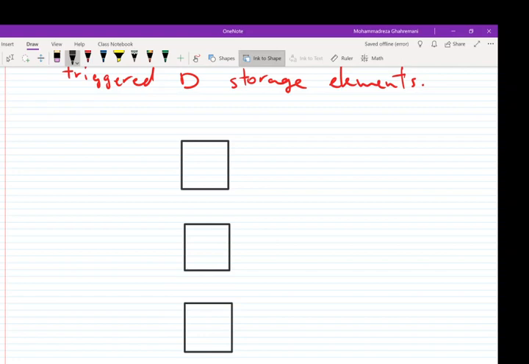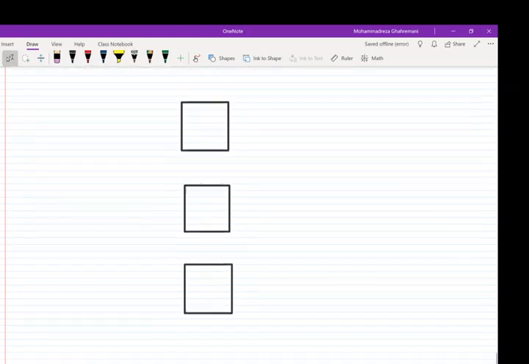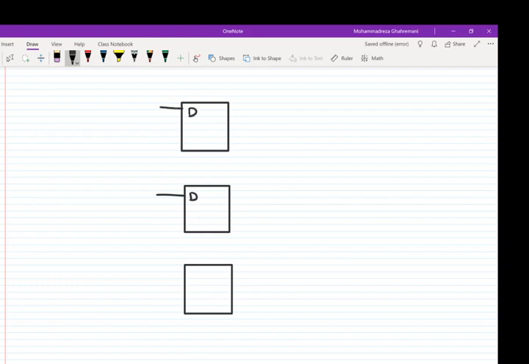All of them have input D. These input Ds are connected to each other, and connected to D. Each has outputs Q and Q bar.